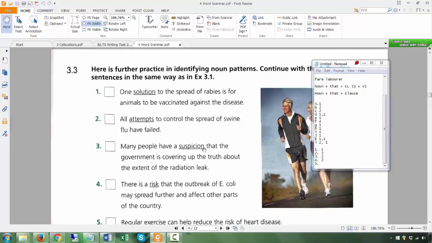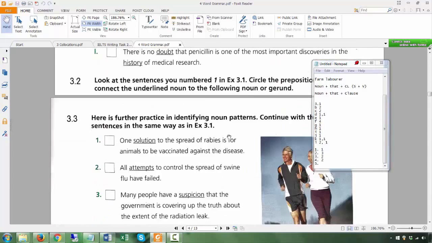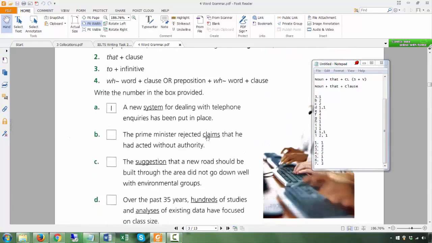5, that pattern is 2, right? Yeah, that's 2. Reduce the risk of, as a preposition. 6, root of, preposition. 7, permission to take, that will be the 2 plus base verb, right?